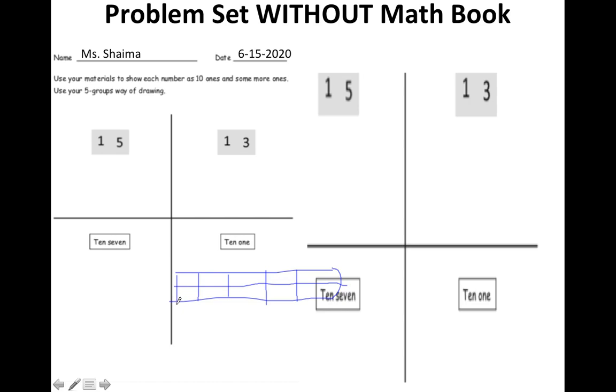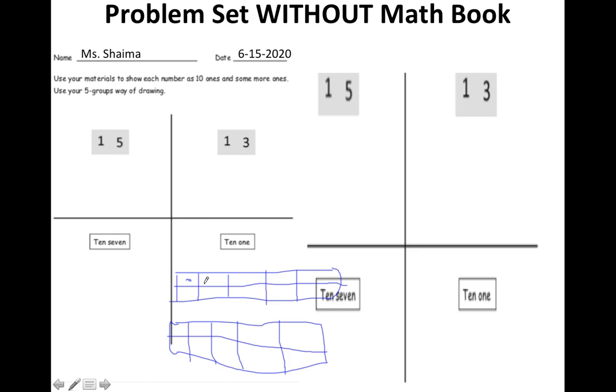So I have a 10 frame and I have to do another one because the number is more than 10. One more time, the boxes don't have to be perfect, because it's okay as long as you have the correct number. So this word says 10, 1.